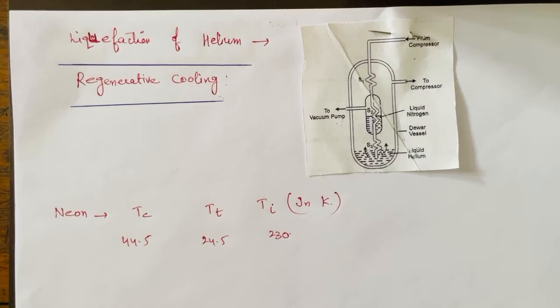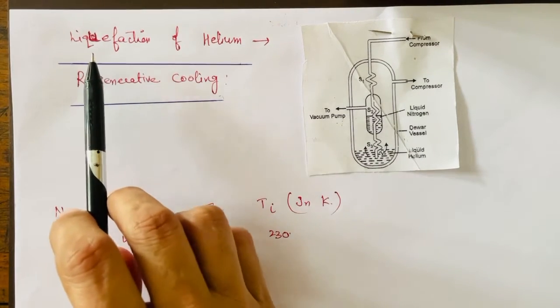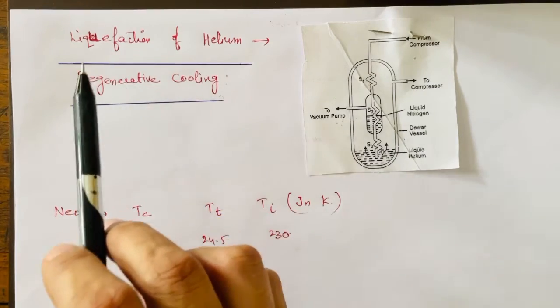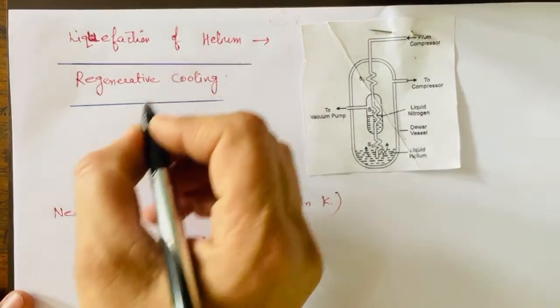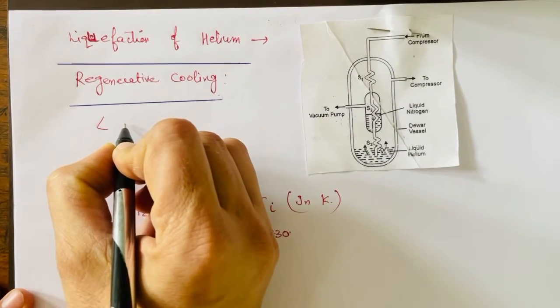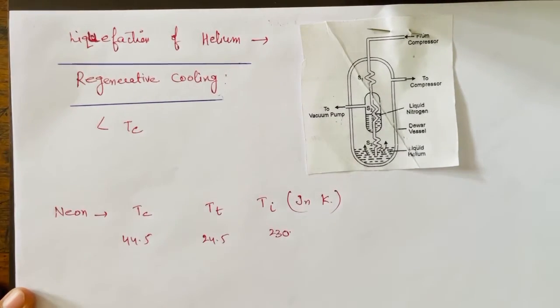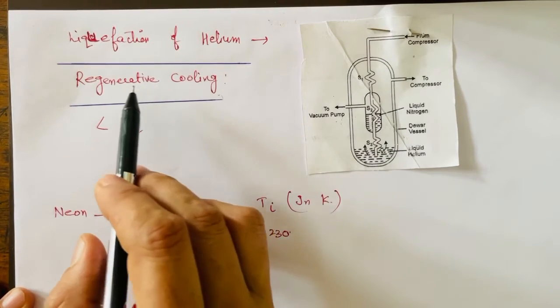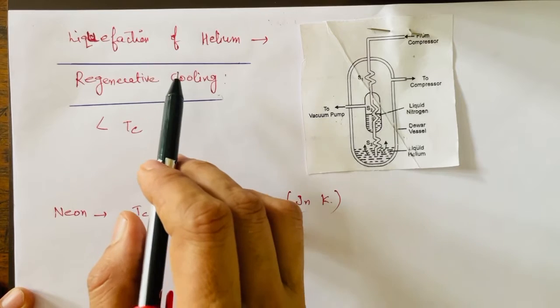We know that for liquefying any gas, its temperature must be less than the critical temperature, Tc, or we can say the production of low temperature. This is an essential step in the liquefaction of gases.